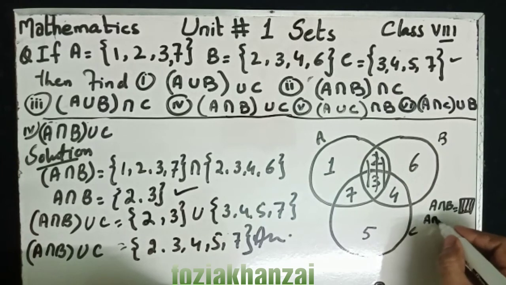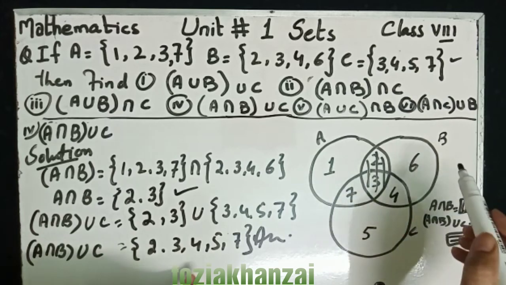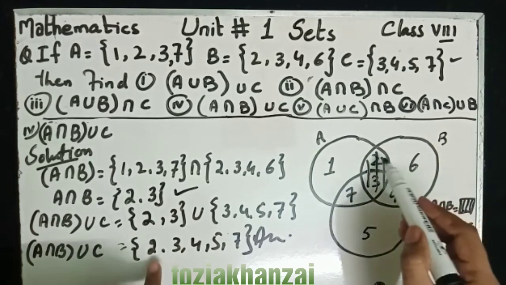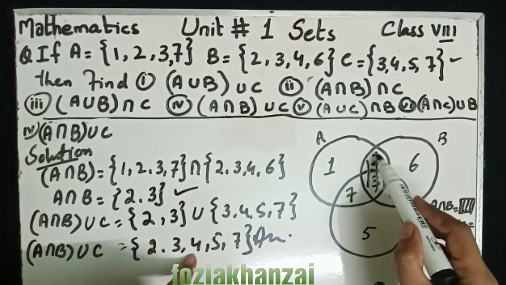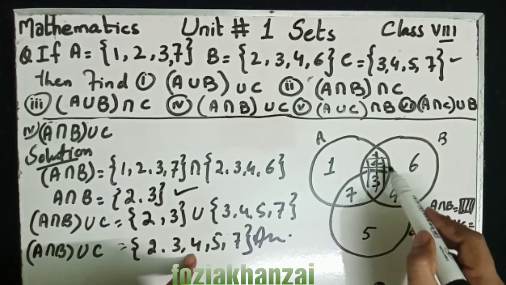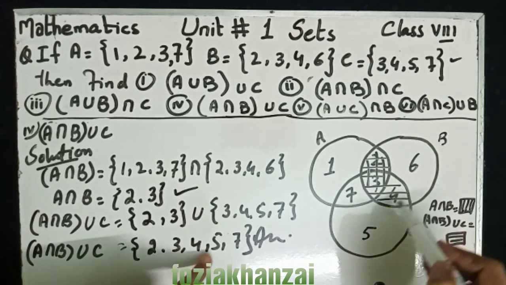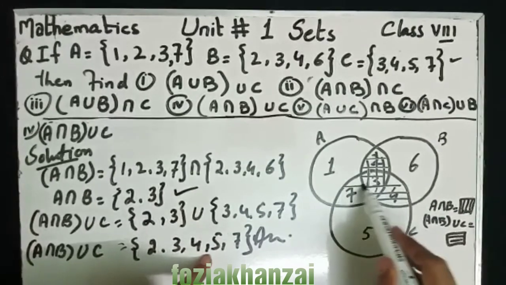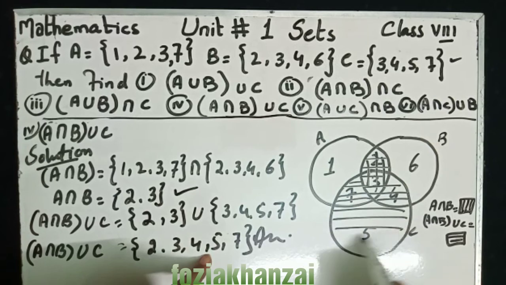A intersection B bracket close union C is shown by the vertical line, so except 1 and 6: 2, 3, 4, 5 and 7.